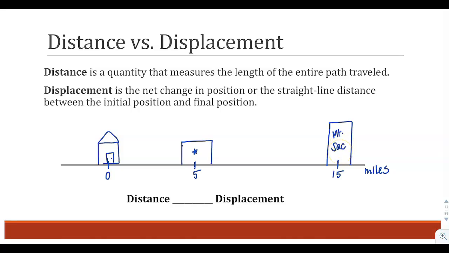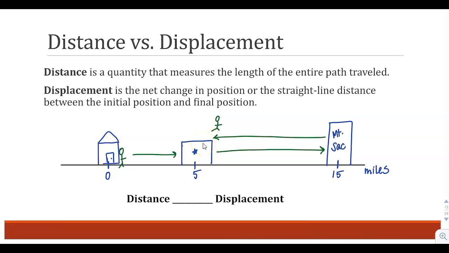So if we wanted to talk about the total distance traveled, let's go ahead and say here's where you started out and you traveled to Starbucks, then you went to Mount Sac, and then you had a really rough day so you needed another Starbucks. So here's where you're at. If I want to calculate the distance traveled, that's the length of the entire path. So that's adding up all 15 miles to get to Mount Sac and the 10 miles that you would have to travel to backtrack to the original Starbucks.